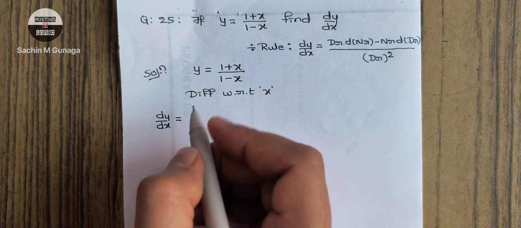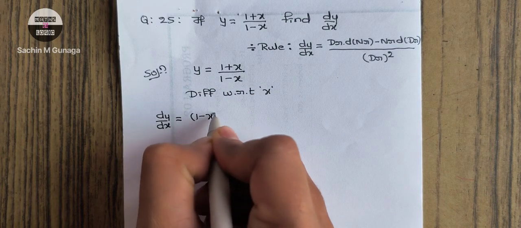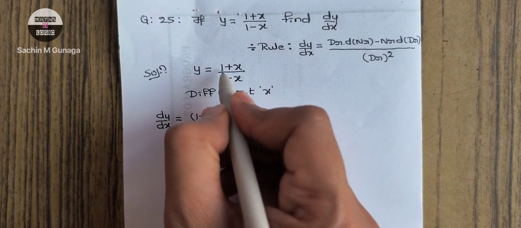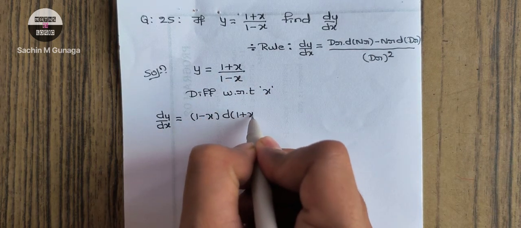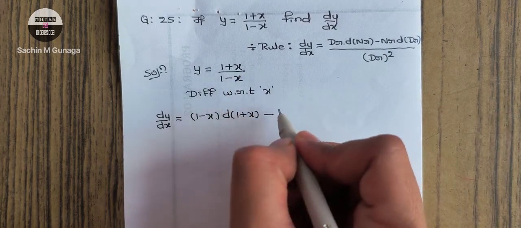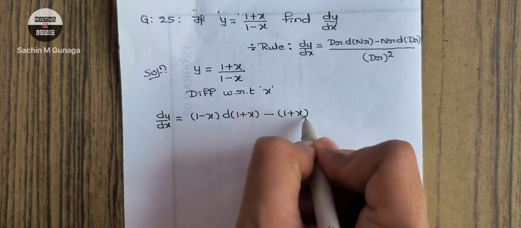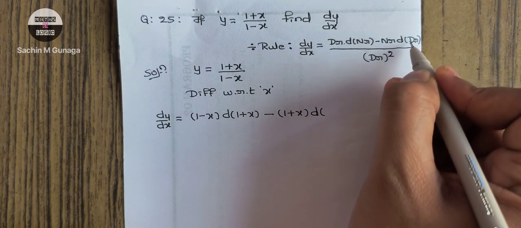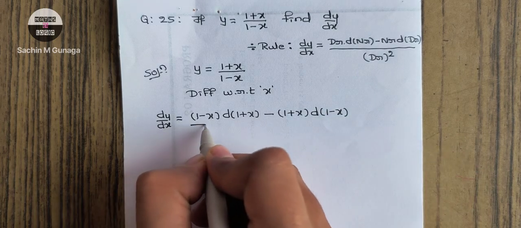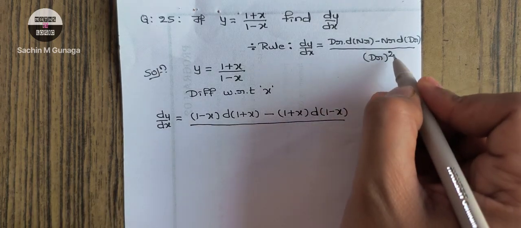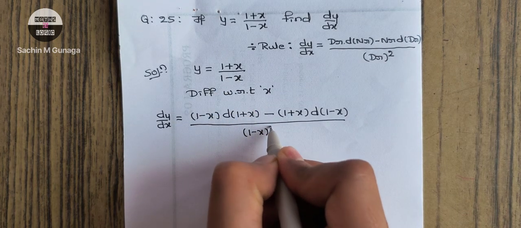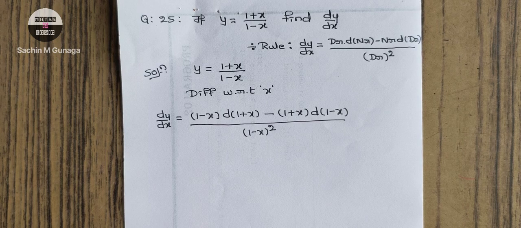Here the denominator value is 1 minus x. Next, differentiate the numerator, which is 1 plus x, middle minus sign. Next, the numerator value 1 plus x as it is, into the differentiation of the denominator 1 minus x, divided by the denominator squared, that is 1 minus x whole bracket squared.